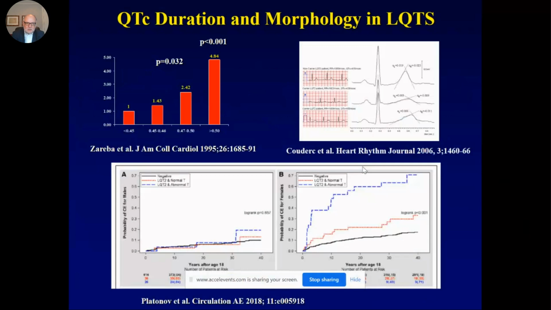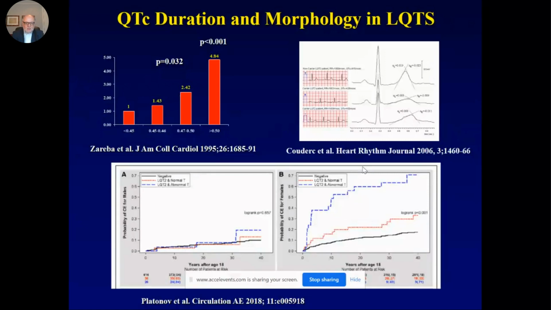We already know that QTc duration is an important factor determining the risk of cardiac events in long QT patients. We heard from Alan a moment ago about various attempts to look at QTc morphology, and here I'm recalling on the upper right one of the important work of Jean-Philippe Couderc, who did computerized analysis of long QT patients, trying to document exactly similar topic of symmetry and other aspects of morphology of T-wave.